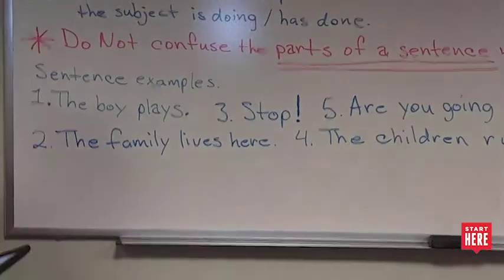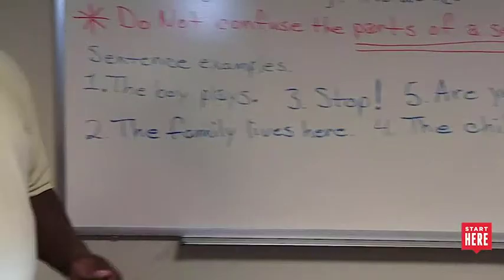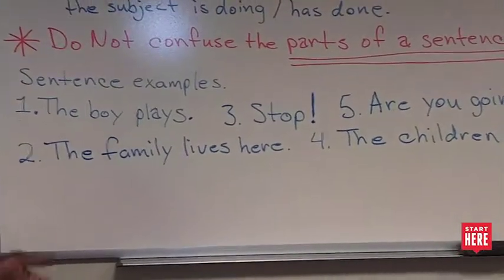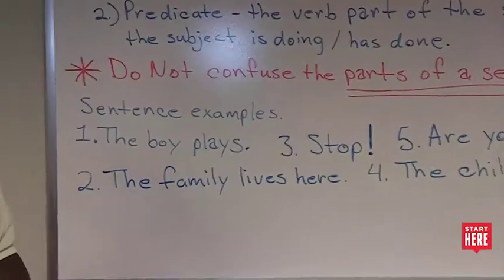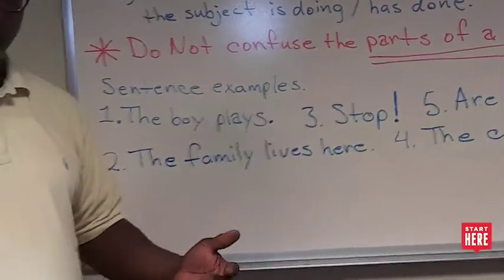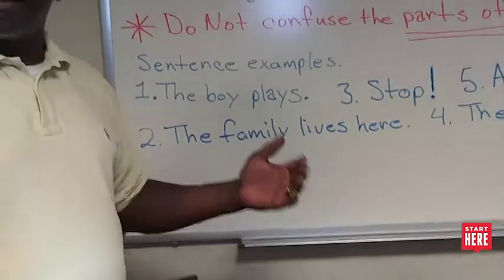Let's look at 2. The family lives here. The subject part of this sentence would be the family. The predicate part would be lives here. What is this sentence about? This sentence is about the family. What about the family?